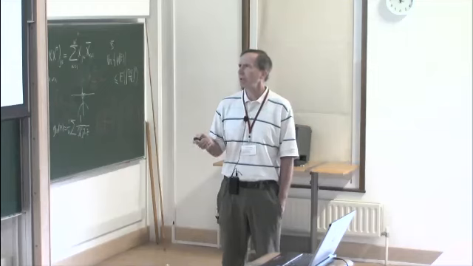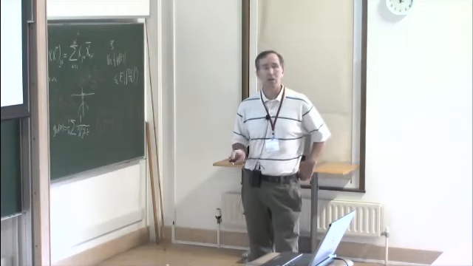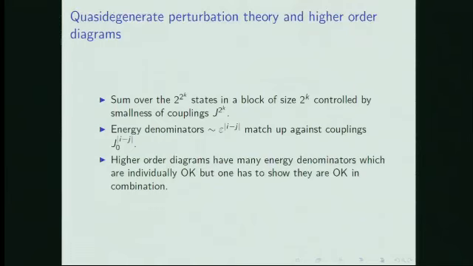Now, again, I just want to give you a hint of some of the complications in our procedure, things that we have to deal with. When you have higher order diagrams, you have lots of energy denominators. Individually, they may be fine, but then you have to look at them in combination.